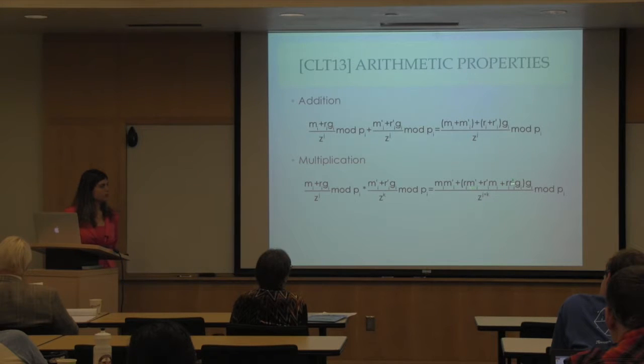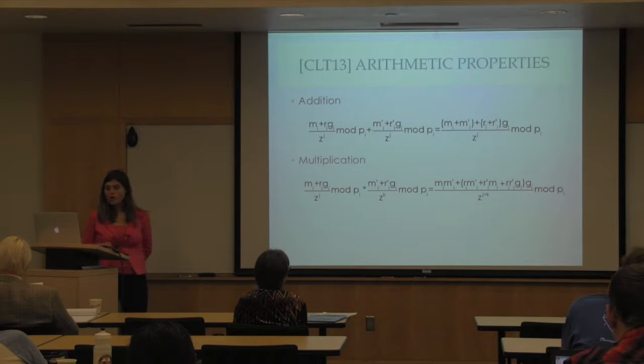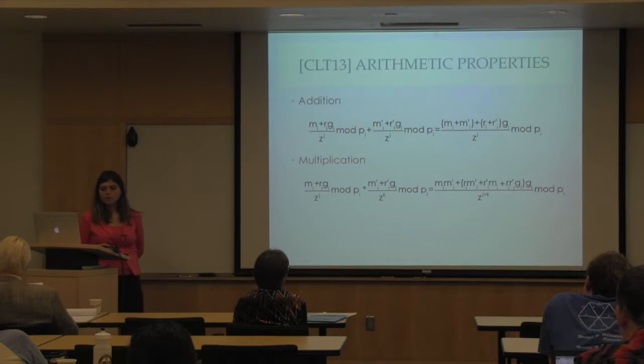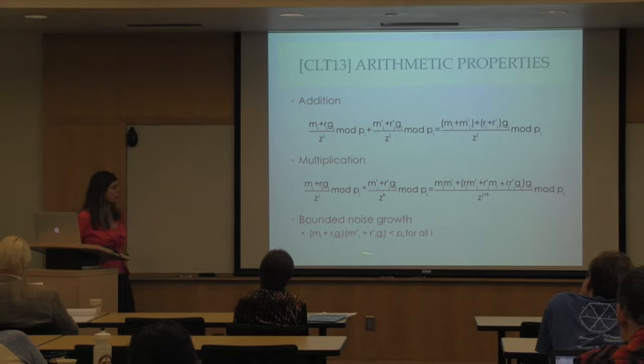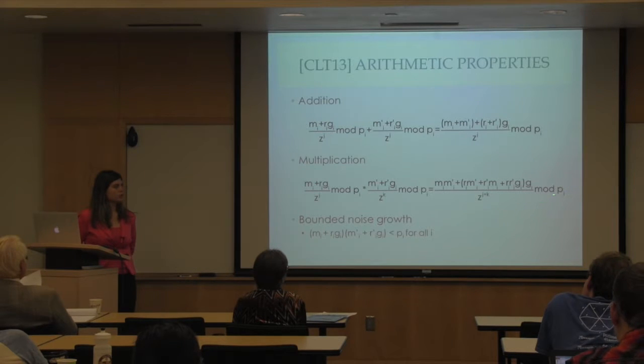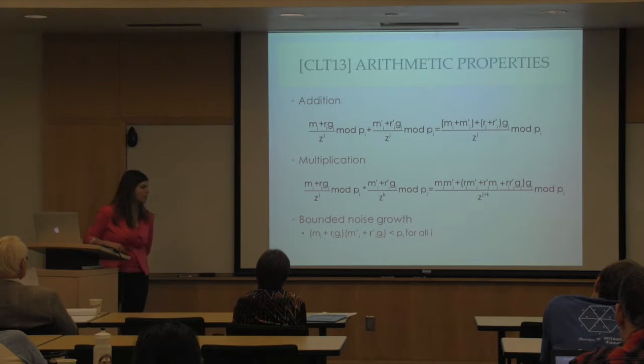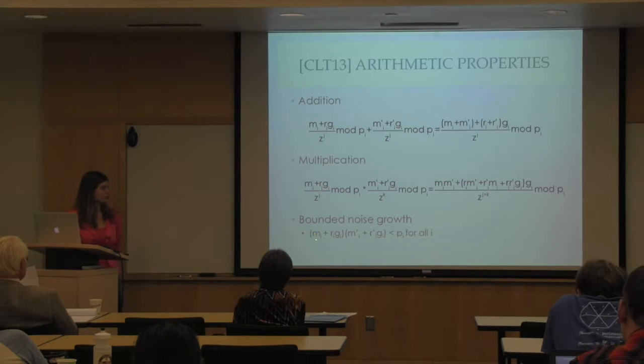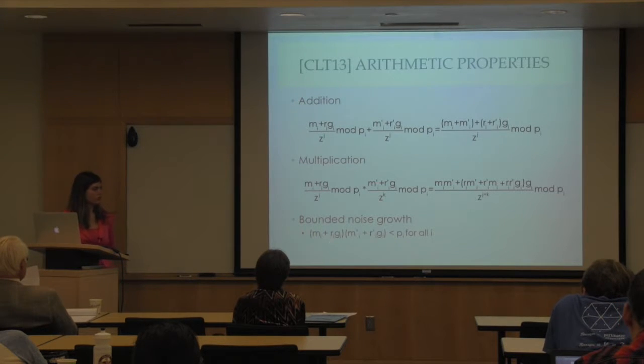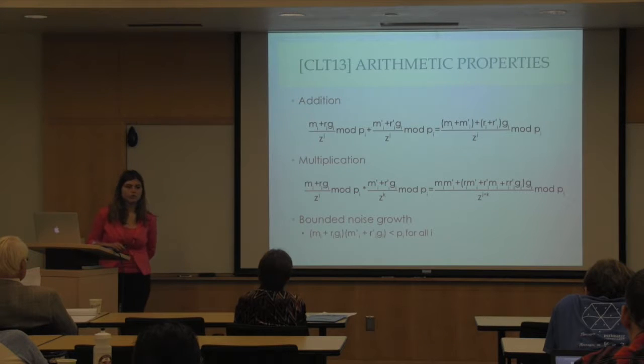Here we see some more complex expression for the noise, and we have to be aware of this because we need to guarantee a bounded noise growth. Because our zero testing and the multilinear maps can work correctly only as long as we don't have a wraparound modulo this module. So we have to maintain the property that this product that we're computing remains smaller.